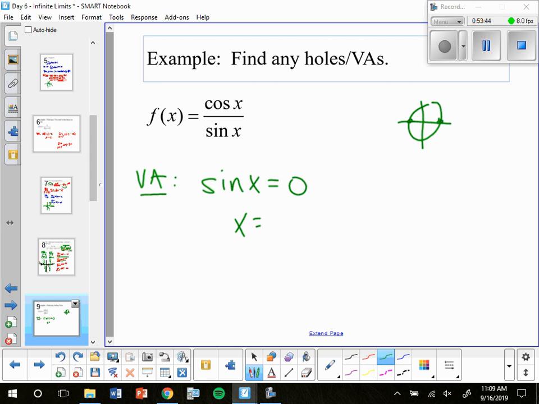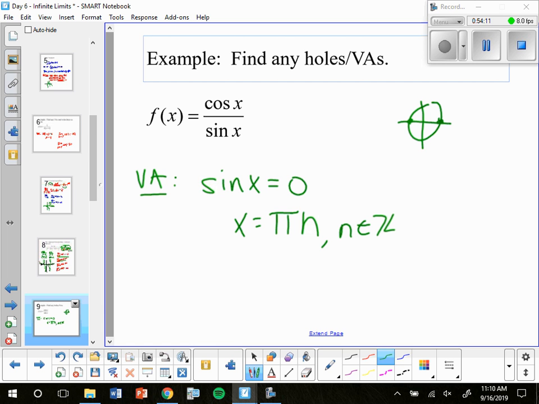Pi, and then again at 2 pi, and then again at 3 pi, and at negative pi. So we can even say 0 plus or minus pi n, where n is an integer. So I have an infinite number of vertical asymptotes. It's wherever any multiple of pi: 1 pi, 2 pi, 3 pi, 4 pi, negative pi, negative 2 pi, negative 3 pi.